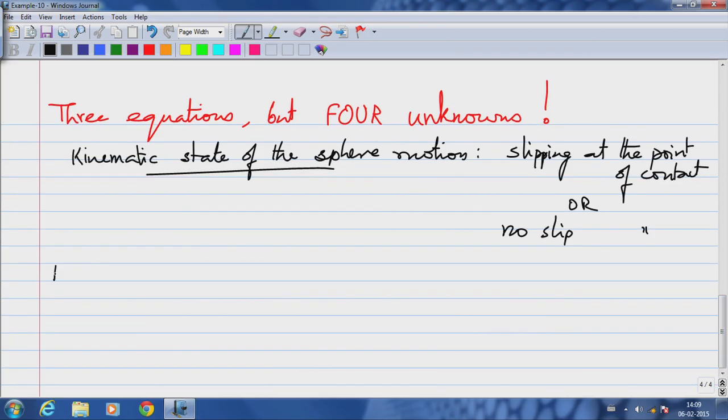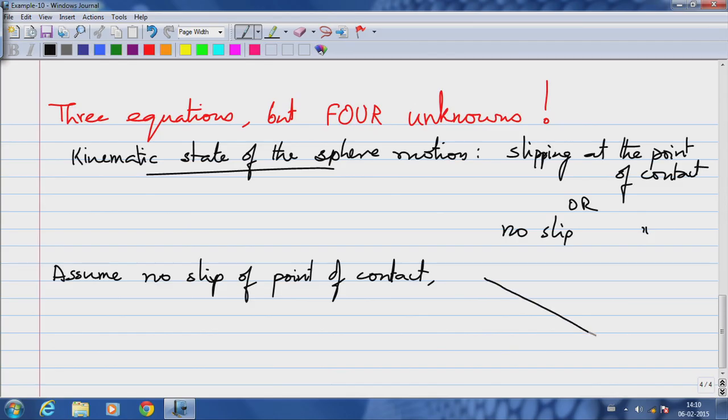So, I will start by assuming no slip at the point of contact, and we will solve this problem. If I have no slip, what that automatically means is that I have this sphere of some radius r.